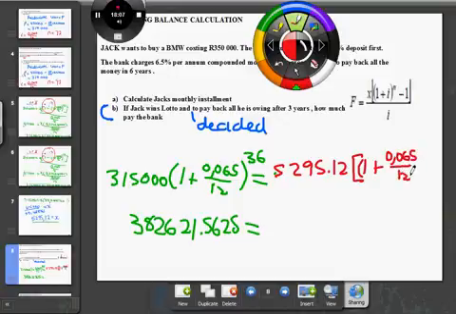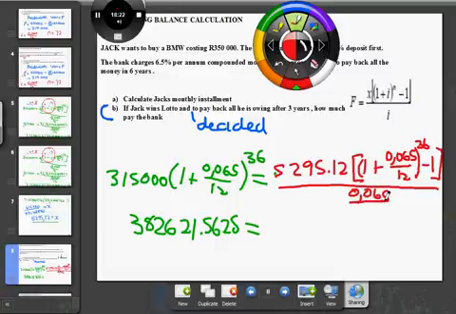Now this is to the power of 36 minus 1, then divided by 0.065 divided by 12. Now what I'm going to do is punch the whole formula into my calculator, but this requires you to be a bit skilled.